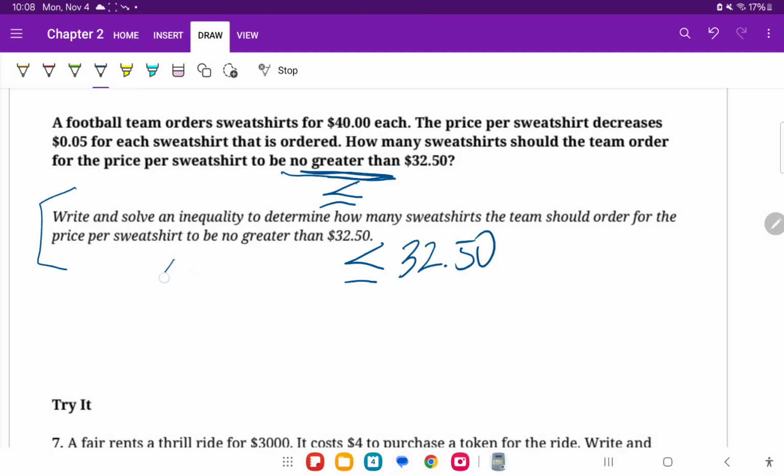So we're starting off with our total at the beginning. It's $40. And we're subtracting from that 5 cents times the number of sweatshirts that are being purchased.